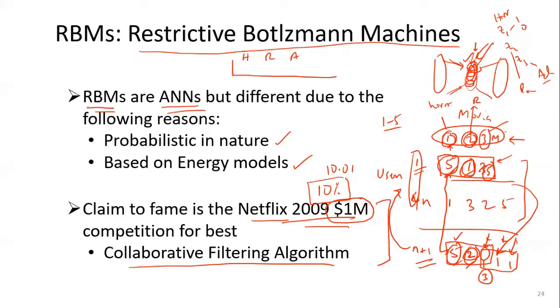So this particular user, let's say his persona, if you might call it, is that he likes horror movies, he doesn't like romantic movies, and maybe he likes a little bit of action movies, okay? Now, if we can find out for another user how he fits in, maybe there's another type of user who only likes these kind of movies, all right? He doesn't like horror and action movies.